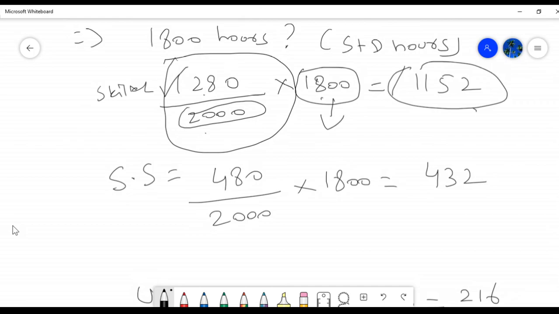From here it is starting: 1, 2, 3, 4, four boxes. We have to identify standard hours first, then revised standard hours, then actual hours, then we have to work out the problem. Okay.